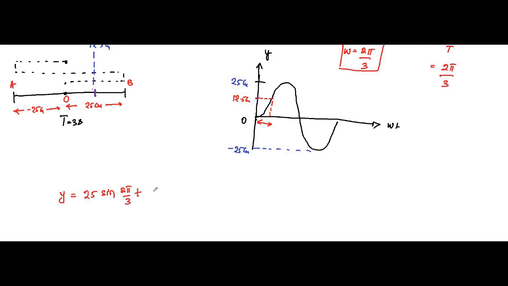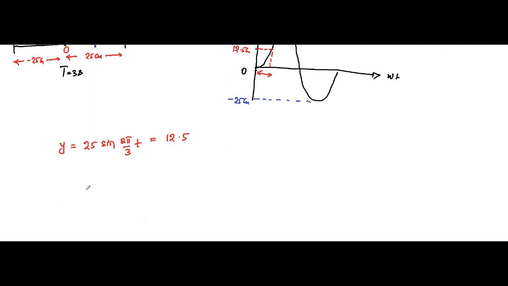Here y is equal to 12.5 centimeters. That implies 12.5 by 25 is equal to sine 2 pi by 3 into t. That implies 1 by 2 is equal to sine 2 pi by 3 into t.